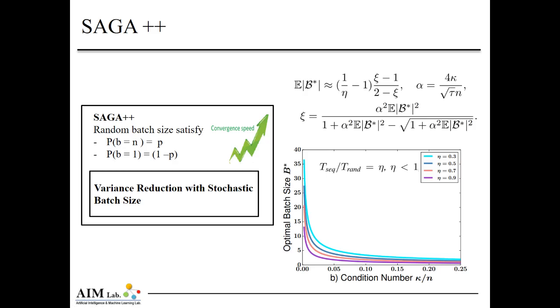If condition number is big, batch size should be small, and vice versa. If eta is small, batch size should be big, and vice versa.